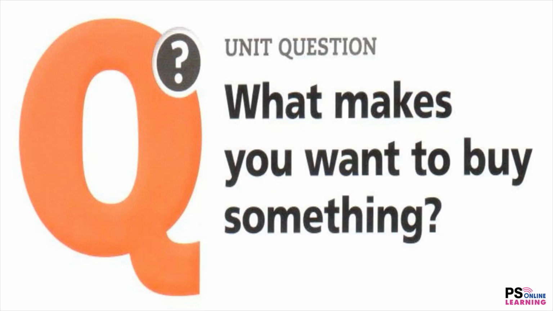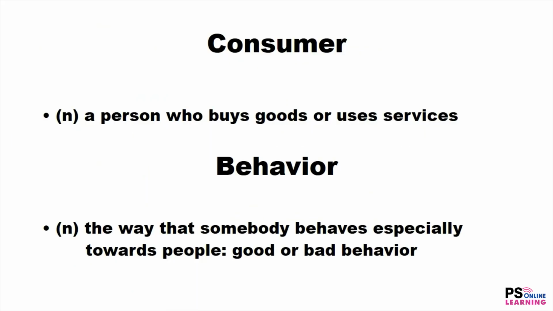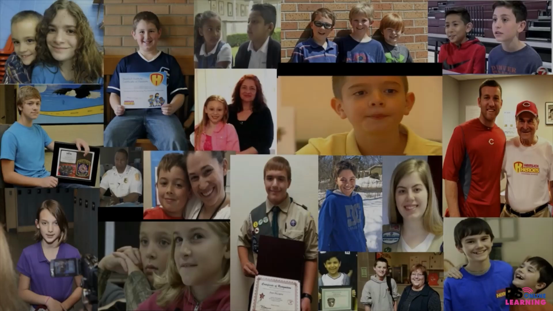So moving on. I'm giving you this again: consumer and behavior, your definition. You know that already. You probably recognize this picture from your first unit. This is not a comparison from unit 1 to unit 2. I'm just giving you this picture of what a consumer looks like.